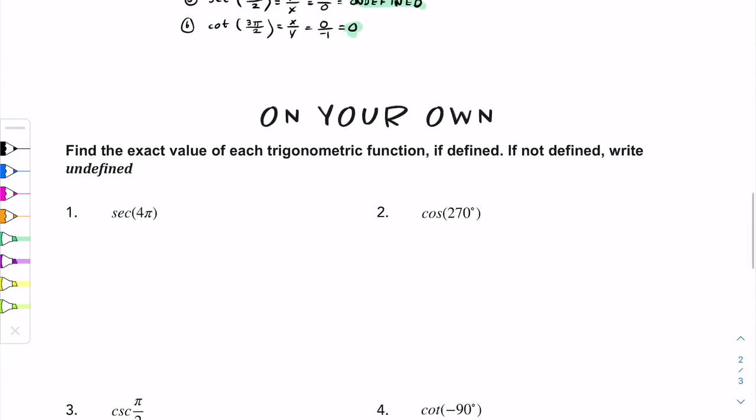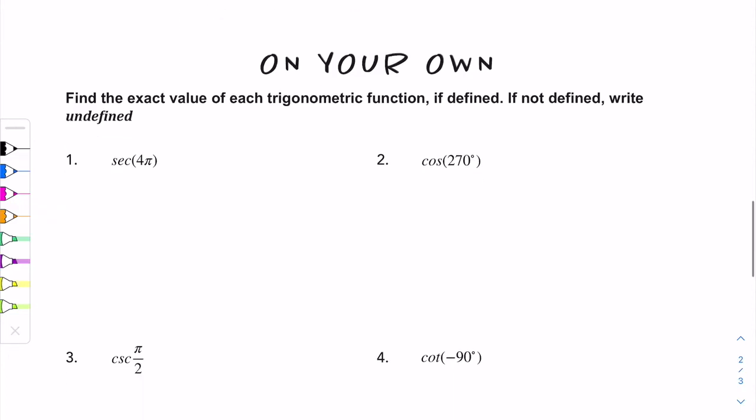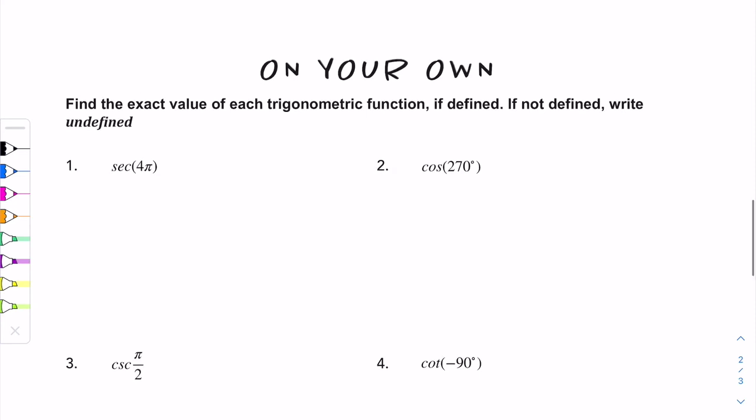And for the last section, which I'll let you work on your own, the answers are posted on my website. But I just specifically asked you for a single trig value, not all six. So for example, in number one, I'm asking you for the secant value of 4 pi, and that's greater than 360. It's still a quadrantal angle though.